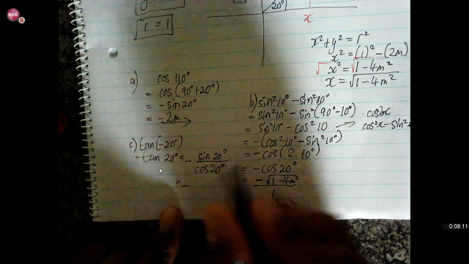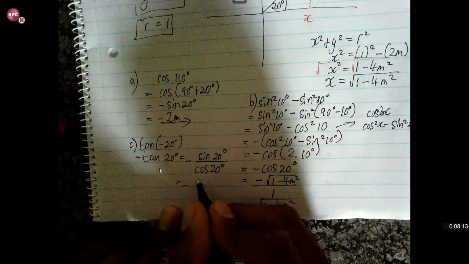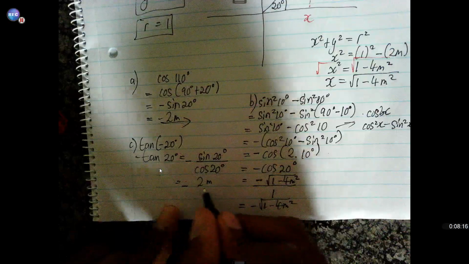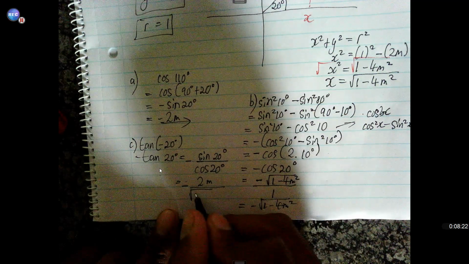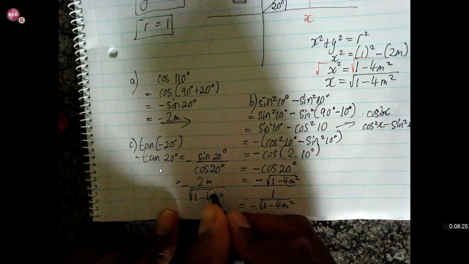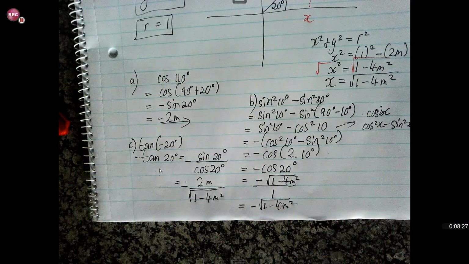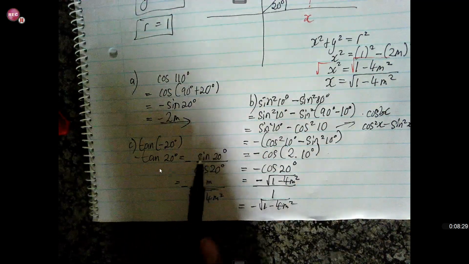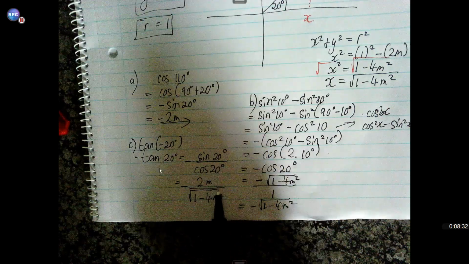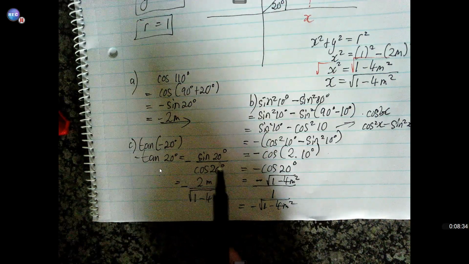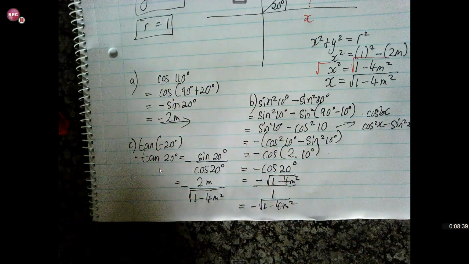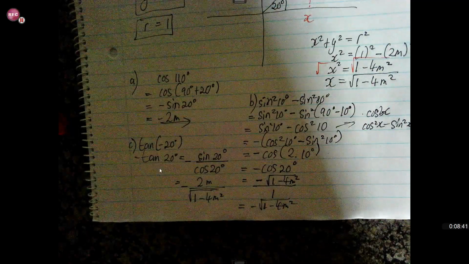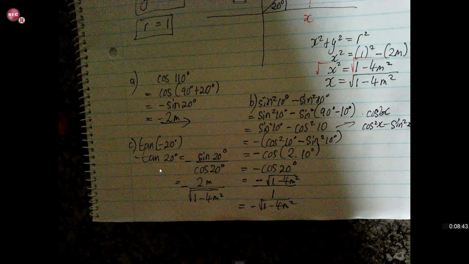We know that sine 20 is going to be minus 2m all over, then we know that cos 20 is going to be this one, square root of 1 minus 4m squared. So remember tan is sine over cos, and it's 20. Then you're going to change each and every angle to its given letter. Then from there, this is going to be your final answer. So this comes to the end of our lesson for this topic.